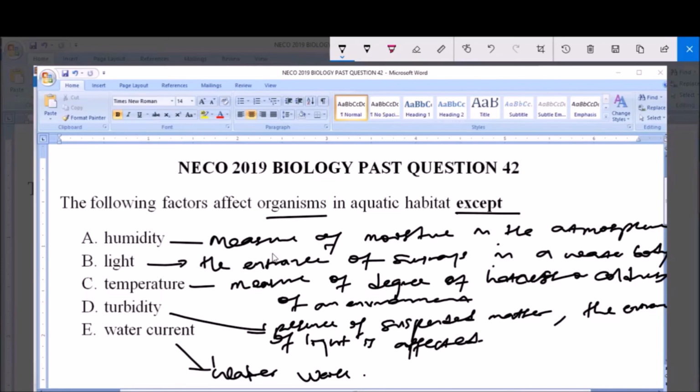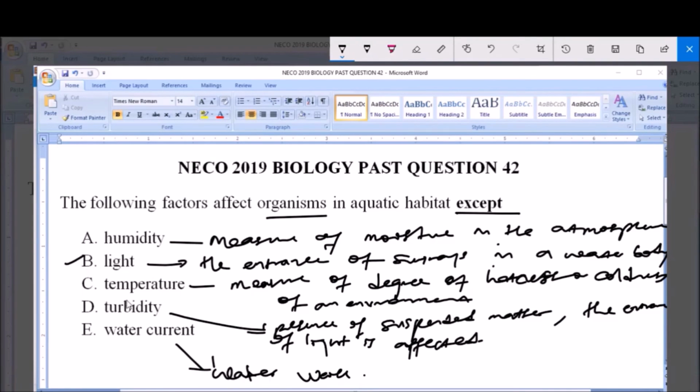Take for instance the phytoplanktons. Phytoplanktons are micro plants, and aquatic organisms like fish feed on them, and these phytoplanktons require light for production of food. So light affects aquatic organisms.